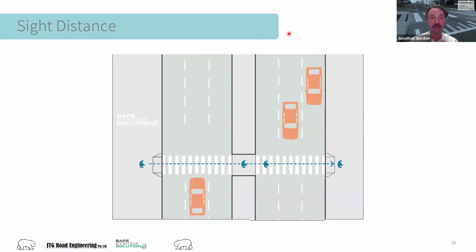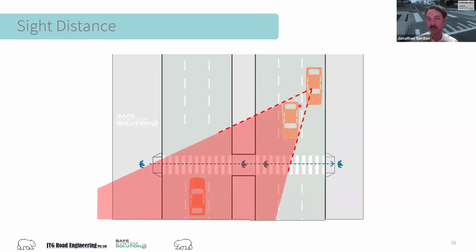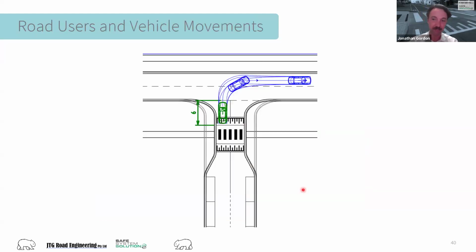So here we have multiple lanes and a zebra crossing, and we don't like these as designers and road safety enthusiasts, because they are particularly dangerous when a vehicle stopped here is blocking sight to a pedestrian using the crossing. This vehicle might be thinking, oh, they're about to take off, or why are they stopped? And they just continue through, and it can result in a serious injury or death incident where a vehicle strikes a pedestrian at speed. Multiple lanes, very bad, don't like it.